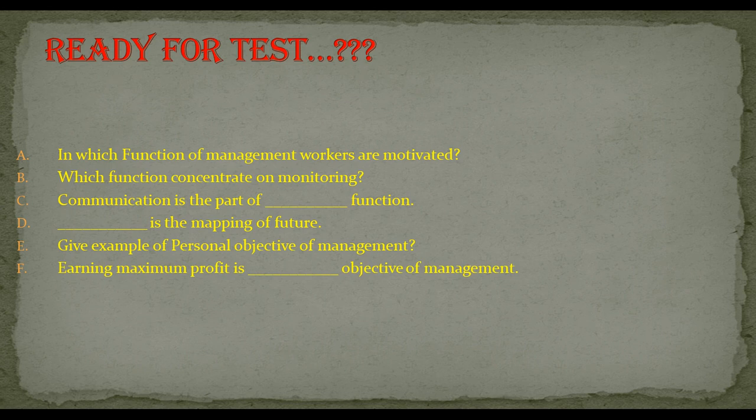Let me give you the correct answers and match them with your own. A. Directing is the function of management in which workers are motivated. B. Controlling is the function in which concentration is on monitoring.